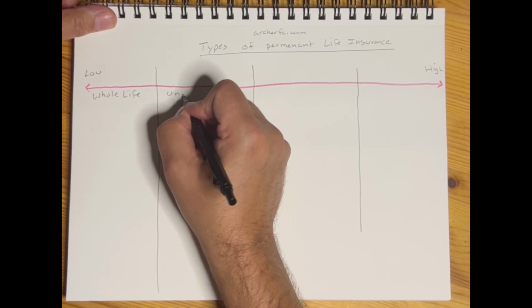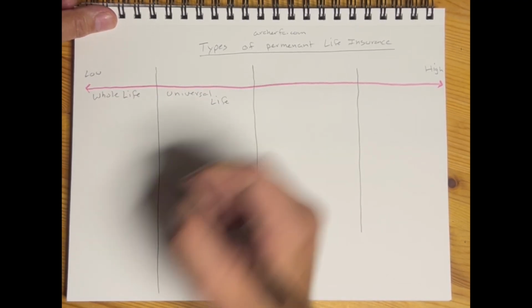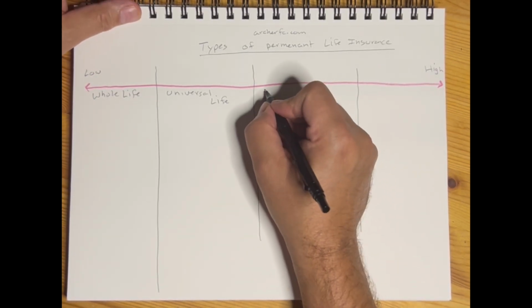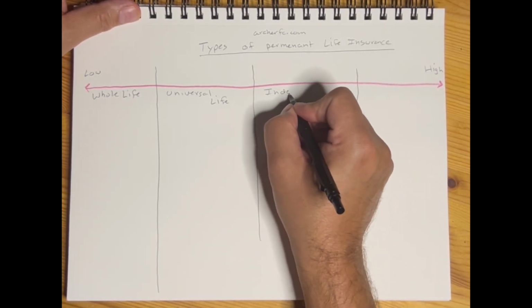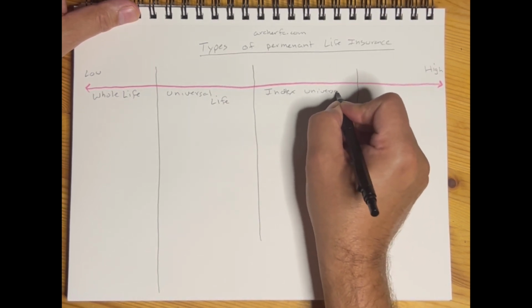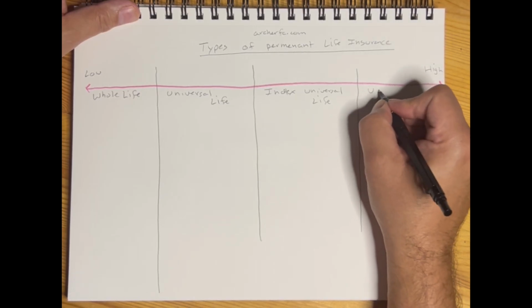and then what they call universal life, and then index universal life, and then variable universal life.